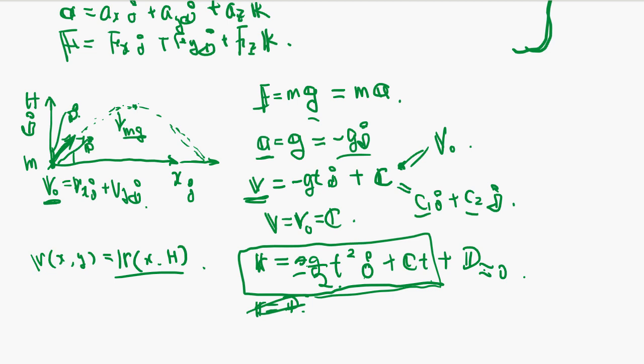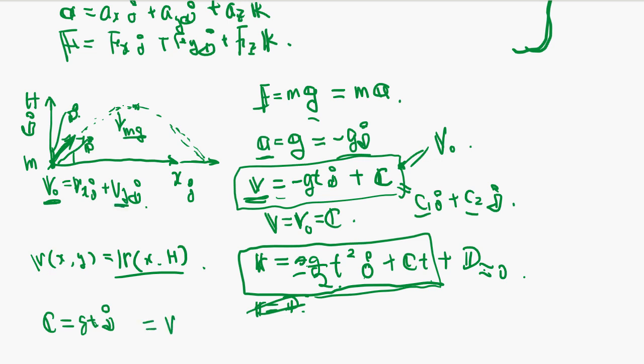Okay, so what is the highest point? At the highest point, v is 0. So what you do is, v equals negative g t j plus c, and in this case we take only the vy component.